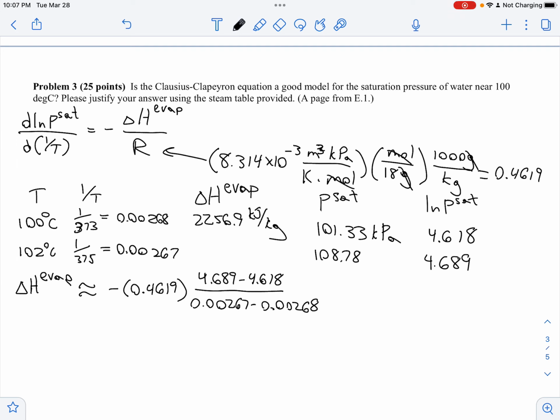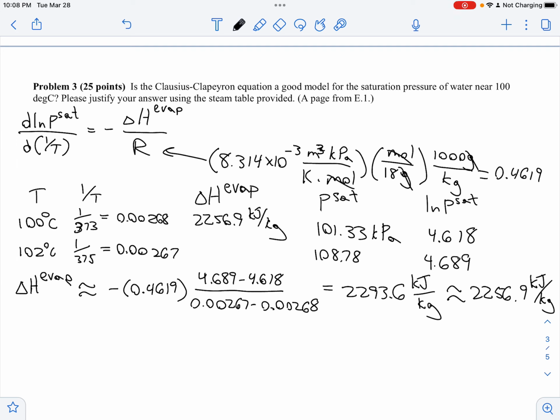And this comes out to 2293.6 kilojoules per kilogram. I did grab the correct answer, and I think they're pretty close. So I would say this is approximately equal to 2256.9, which is the tabulated value. So I think that's actually pretty good.